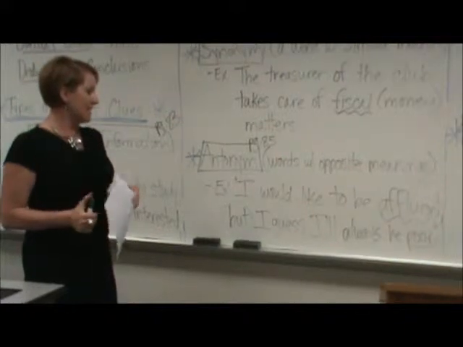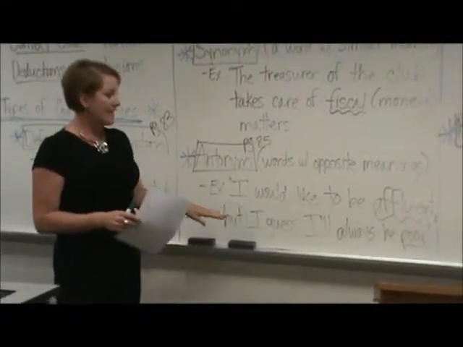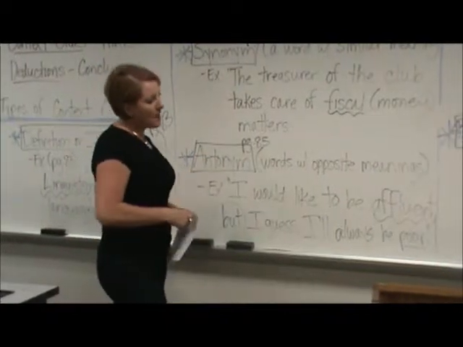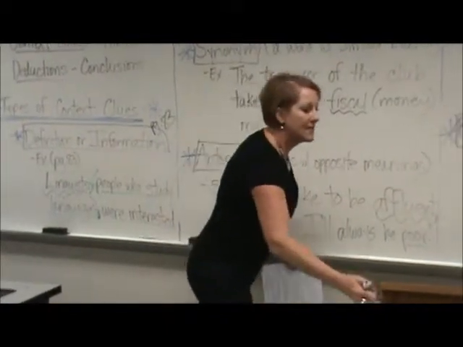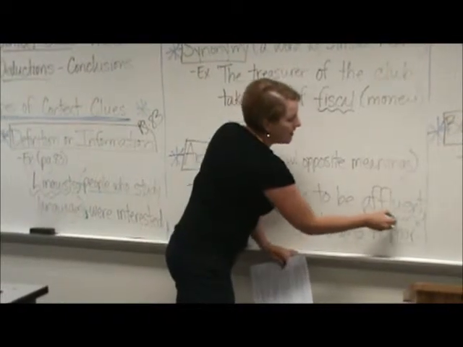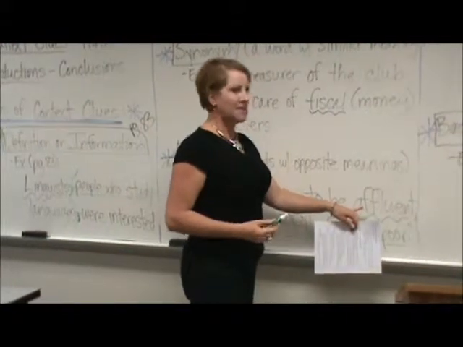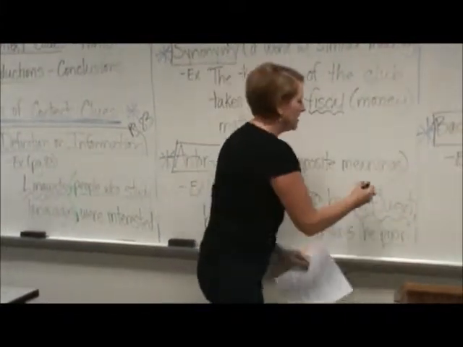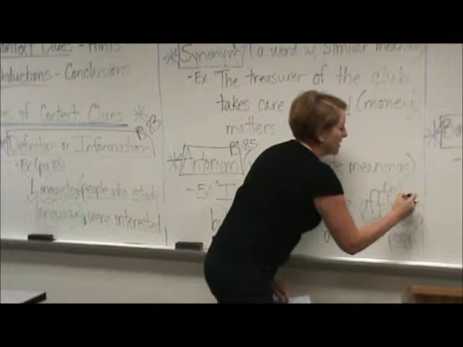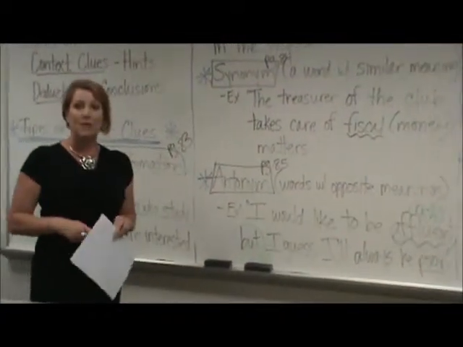Okay, so again, this sentence says, I would like to be affluent, but I guess I'll always be poor. So that means that poor is the opposite of affluent. Okay, so if poor is the opposite, affluent must mean rich. Okay, that is an antonym or opposite clue.